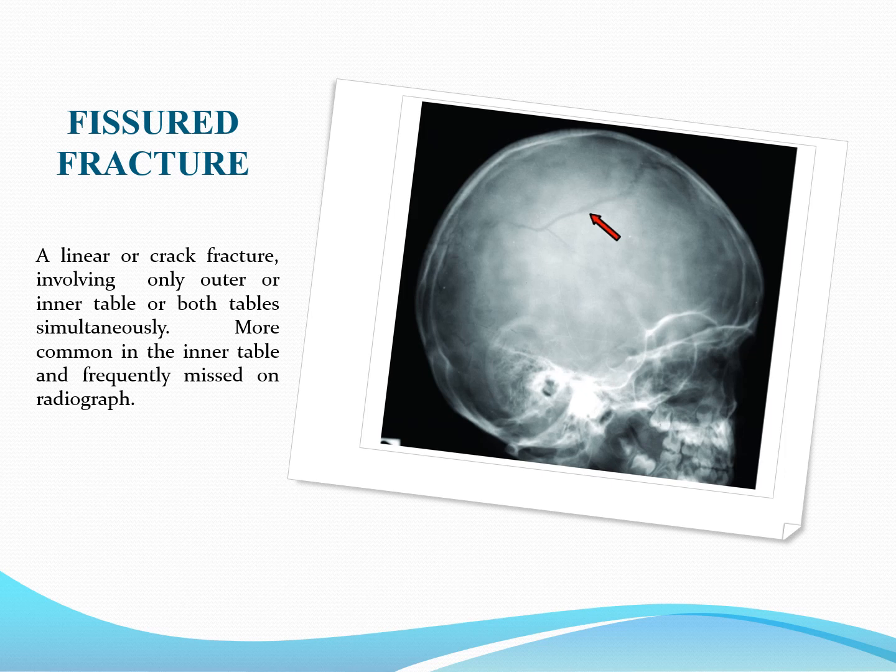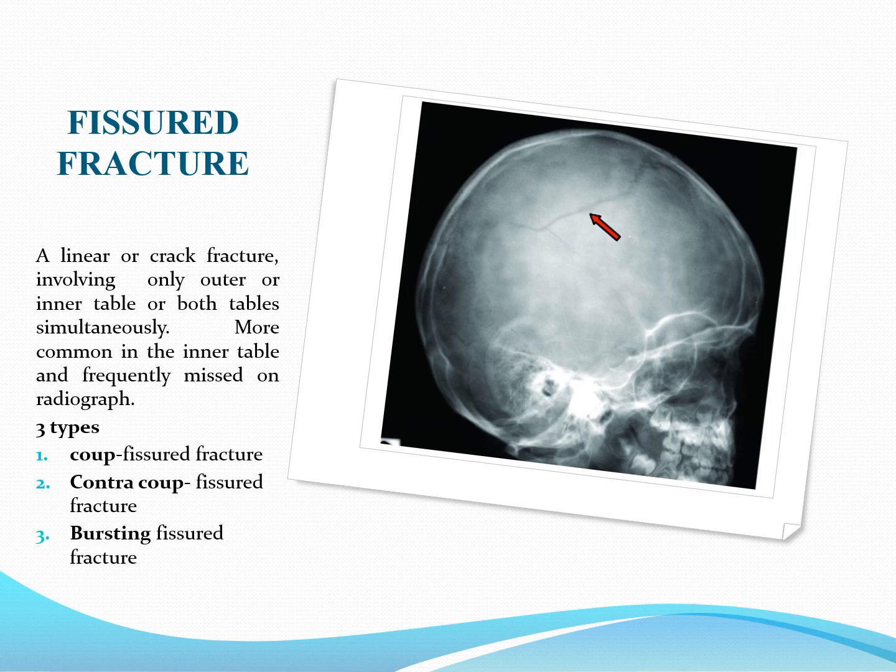So this is the fracture which is usually misinterpreted or not seen, usually missed by the practitioner on the radiograph. Three types are usually seen in fissure fracture: the coup fissure fracture, the contre fissure fracture, and the third one is the bursting fissure fracture.